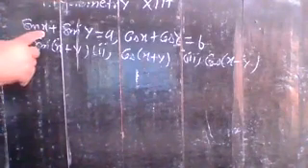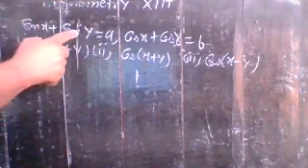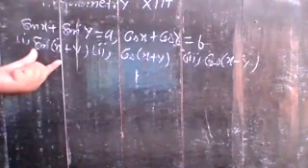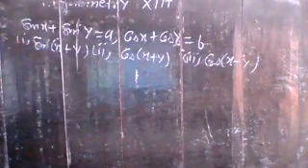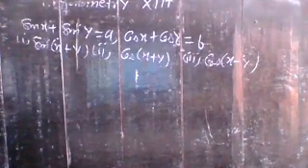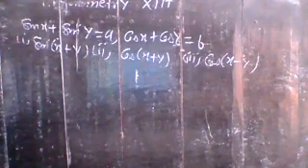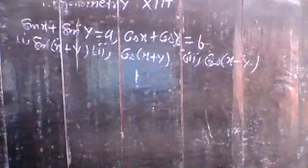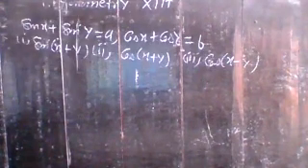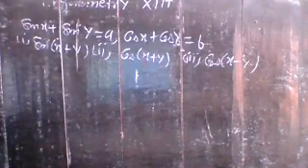Here you are given sin x plus sin y and cos x plus cos y. If you are thinking about the identity of sin x plus y, the identity you know generally is sin x plus y equals sin x cos y plus cos x sin y. But how do you find its value here, since you have the equation in terms of sin and cos? With the help of what is given here, you find the value of tan.